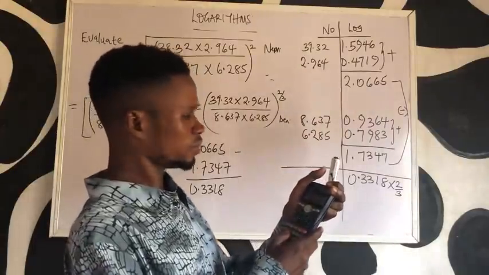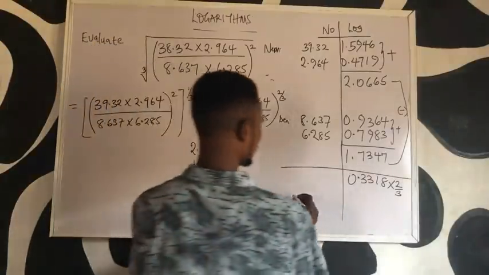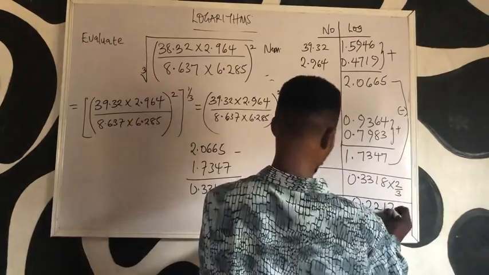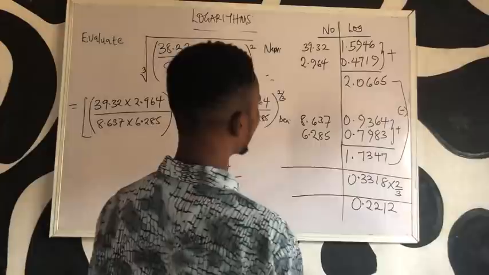Then divided by 3 should be 0.2212. That's 0.2212. Then after, we need to reverse the logarithm.